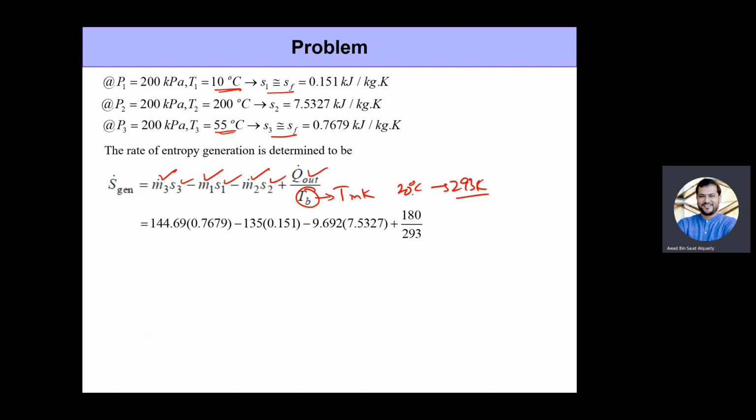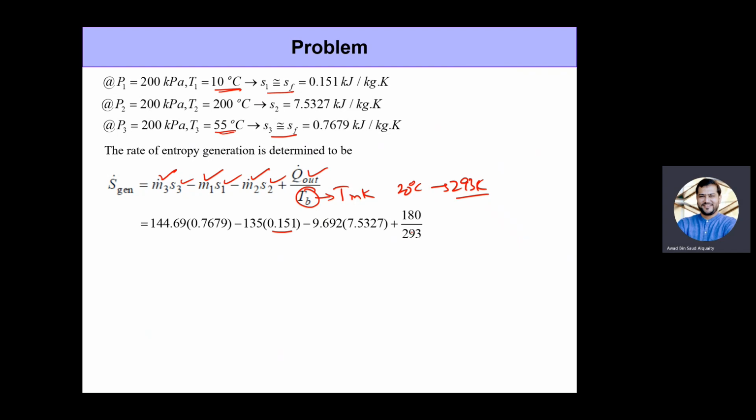So now we are ready to substitute all the numbers. m dot 3 is 144.69, S3 is 0.7679, minus 135, which is m dot 1, multiplied by the entropy at state 1, 0.151, minus 9.692, which is the mass flow rate at state 2, multiplied by the entropy at state 2, plus, of course, the heat that came out of the system, 180 divided by 293.